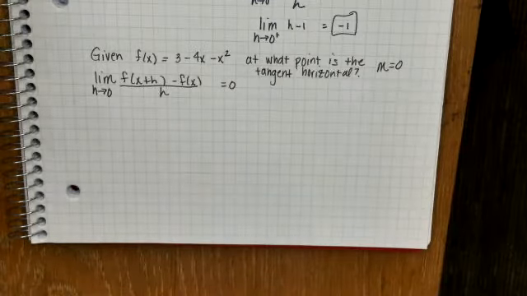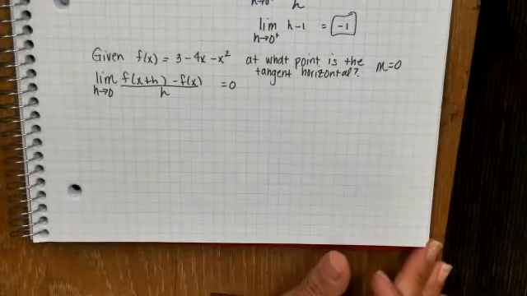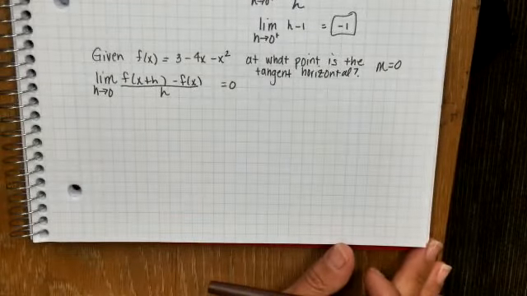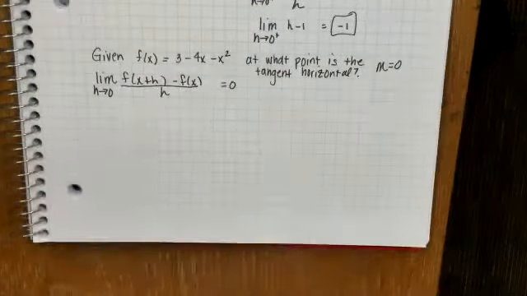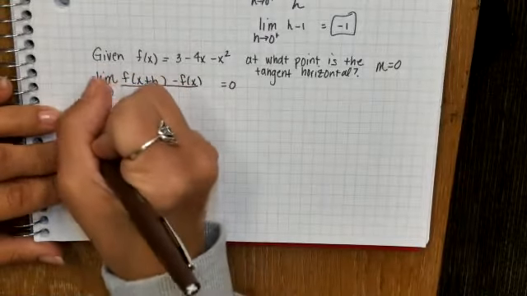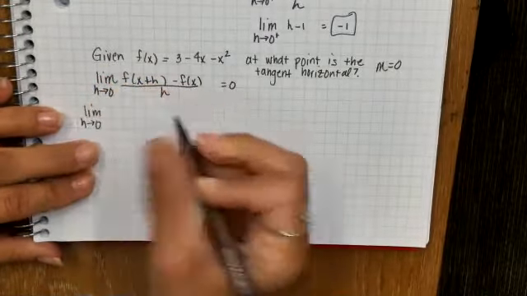Okay, this is going to require a little bit more plugging in. It's going to take a little bit more work. Okay, f of x plus h. I'm not sure you really need me for this. I'll get you started.